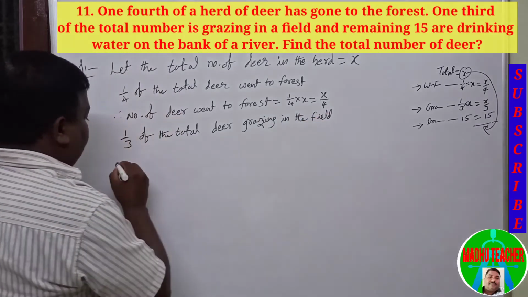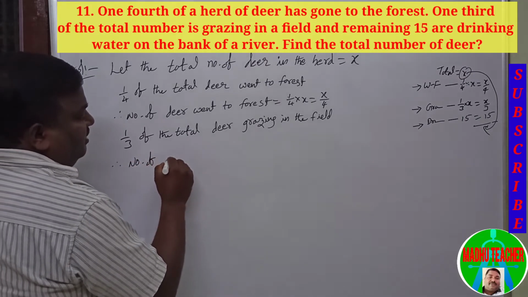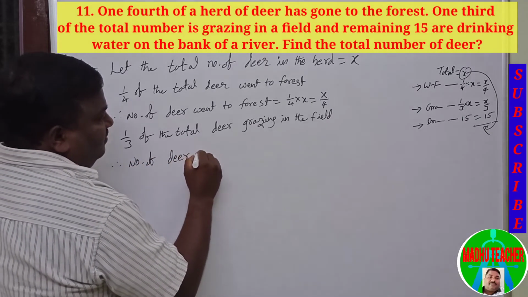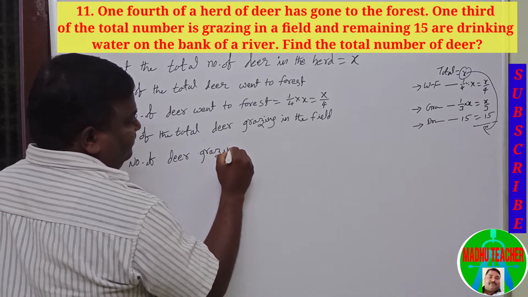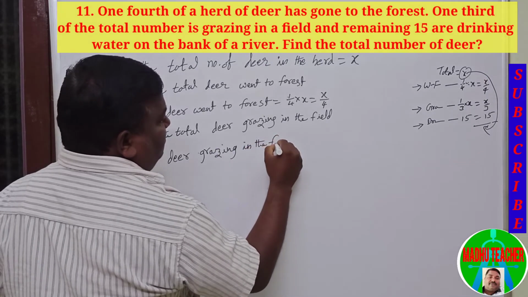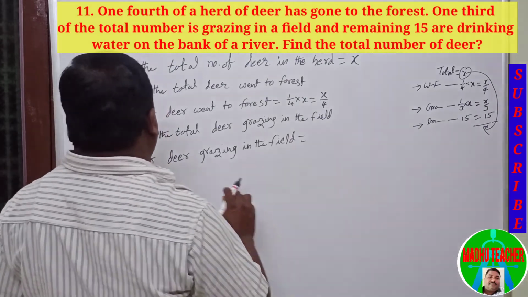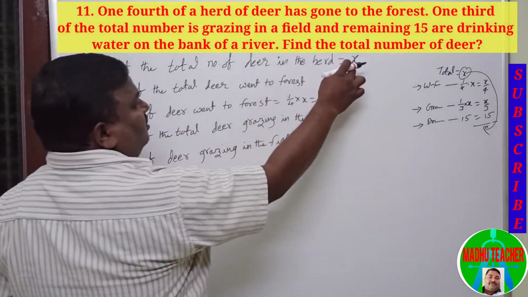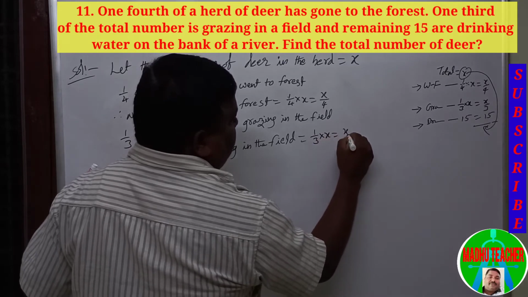Therefore, the number of deer grazing in the field equals how many? 1/3 of the total, that is 1/3 into x, that equals x by 3.